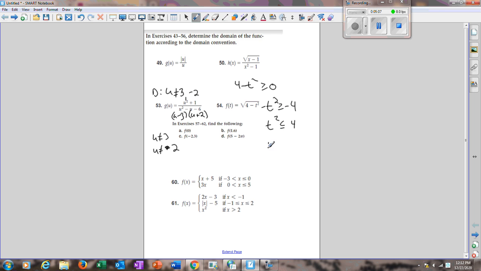Take the square root, and you get t less than or equal to 2 and greater than or equal to negative 2. So if I put any number between negative 2 and 2 in, this would work. And my domain would be, you can do inclusive, so bracket, negative 2 and 2, bracket.